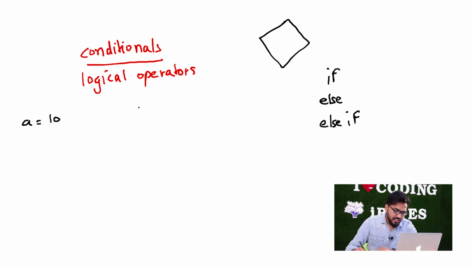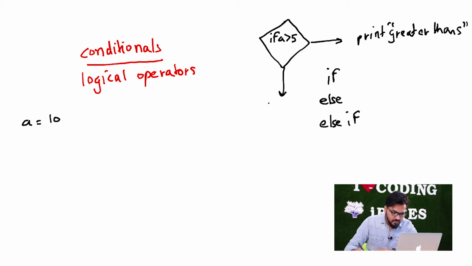Like in a decision box we would have written if a greater than 5, print greater than 5, else print less than 5, right?